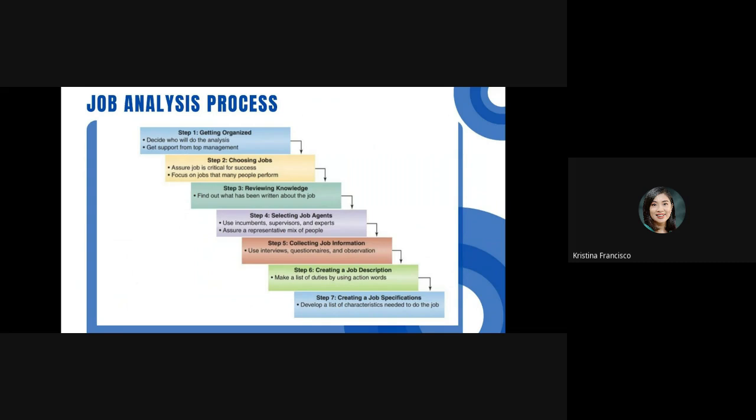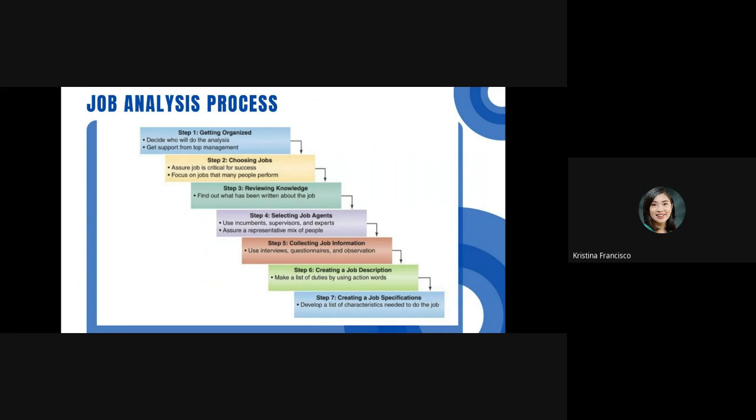And we have also a third source of information, such as your professional trained analyst. Ito yung ginawa na nilang career. Okay? They make careers out of studying jobs, ang professional trained analyst. So how do we collect job information?